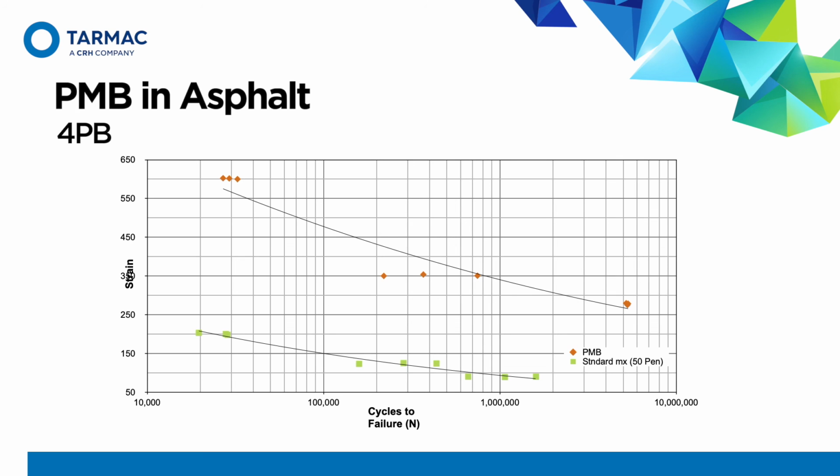It can be clearly seen that the polymer modified bitumen asphalt mixture requires around 200 times the number of cycles to reach the same level of strain as the 50 pen asphalt mixture, which is a huge improvement in the fatigue cracking resistance.